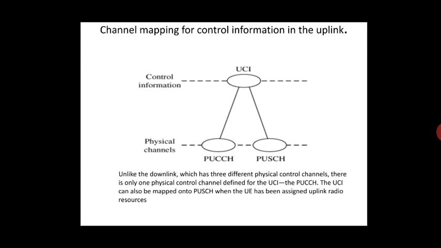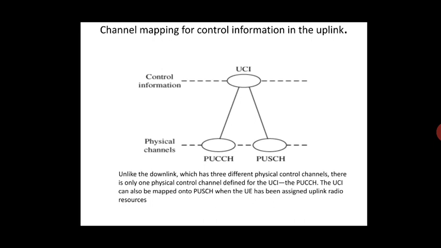When this happens, the UCI is frequency multiplexed with the ULSCH data on the PUSCH, unless the PUSCH carries a random access response grant or a retransmission. These are the channels carried in the physical layer for mapping purposes.